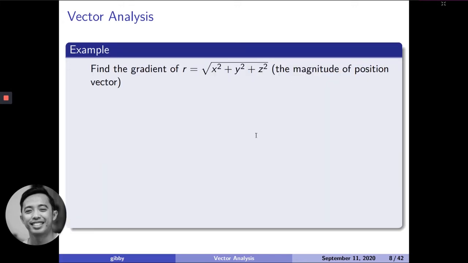We'll be looking at one example to demonstrate how we get the gradient of something. In this case, how do we find the gradient of the magnitude r?